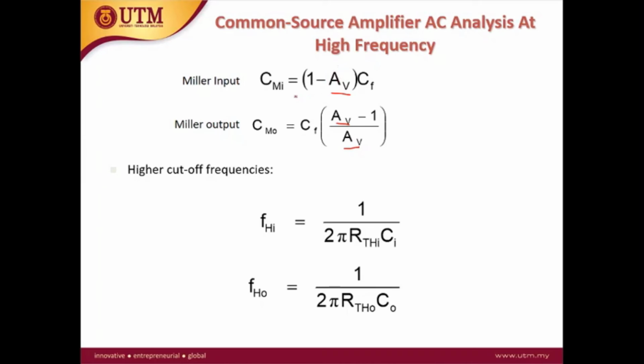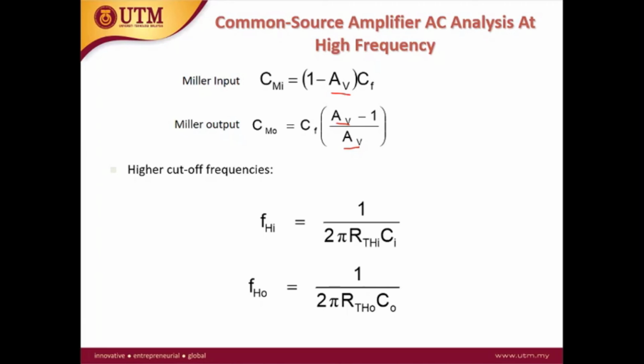You can see here that the effective capacitance seen at the input port will be much bigger than the actual feedback capacitor, because let's say if AV is minus 100, the input capacitance will become 101 times bigger than the feedback capacitor. This will affect the cut-off frequency calculation.